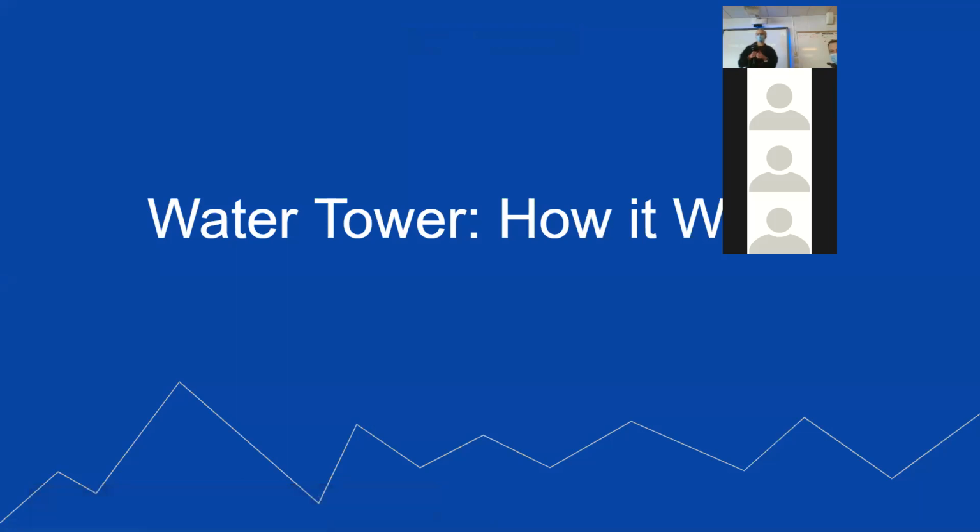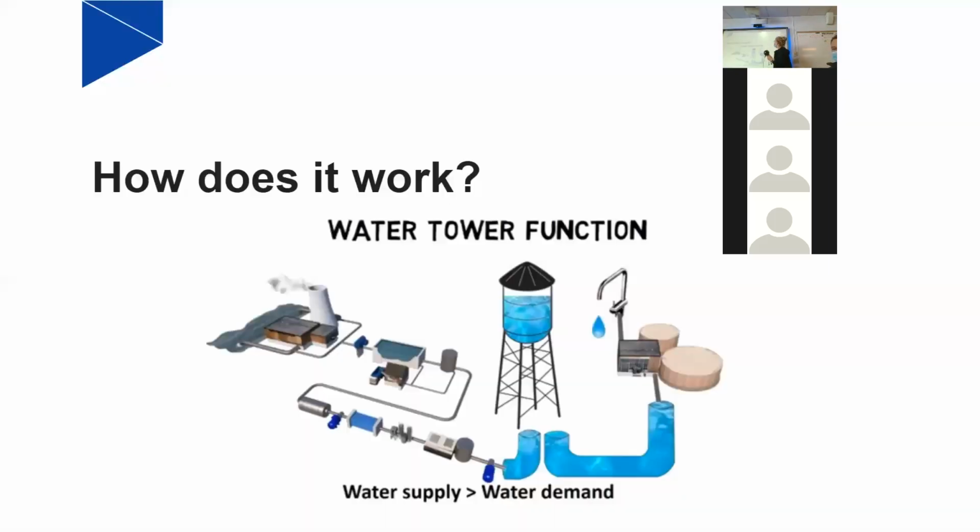All right, so I have the water tower and how it works. Basically, after the water is cleaned and treated, it goes through a pump, which pumps the water up into a tower where it's held for the day. And every time an area needs water, gravity pulls it down and pumps it out to wherever it's needed, like the area of the town.